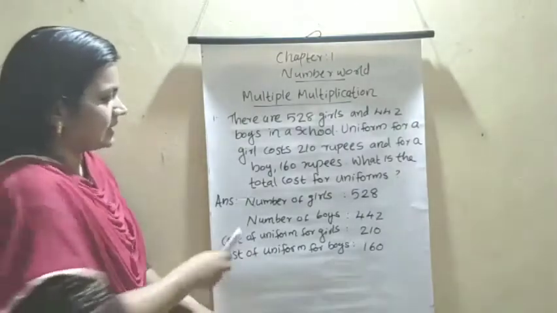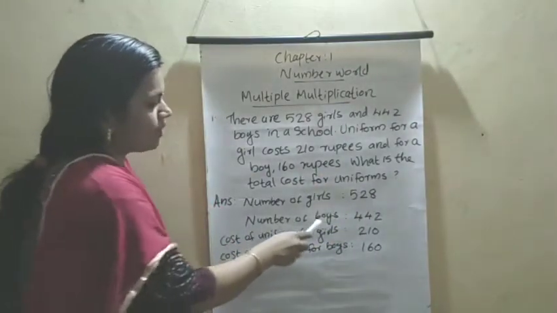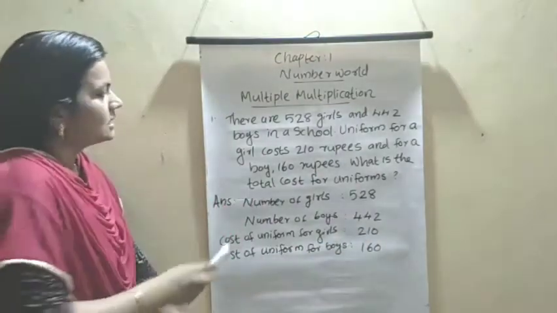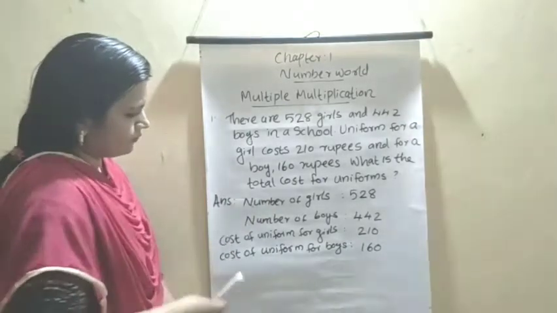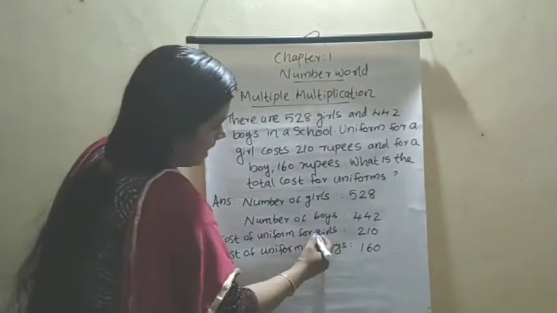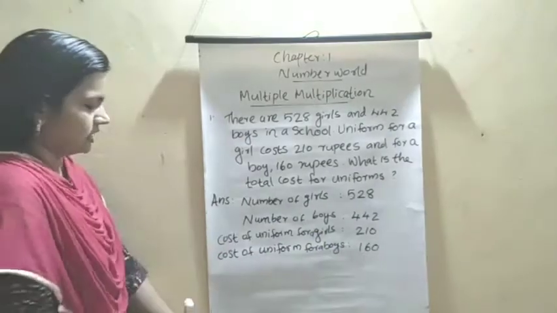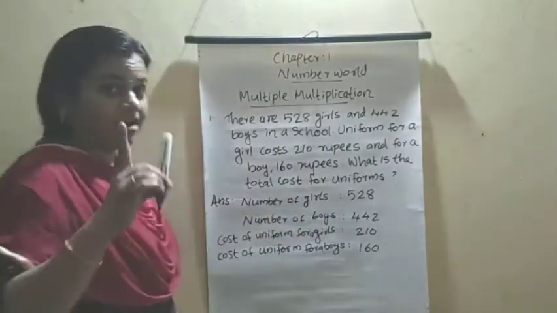First of all, we write the number of girls, 528. Number of boys, 442. Then cost of uniform for a girl. Cost of uniform for a boy.